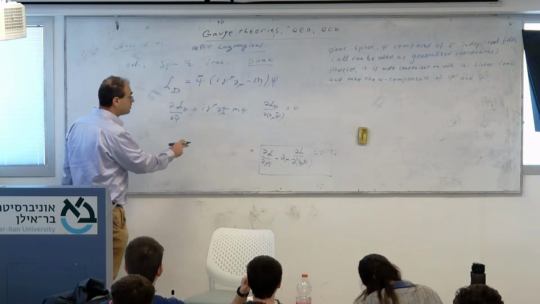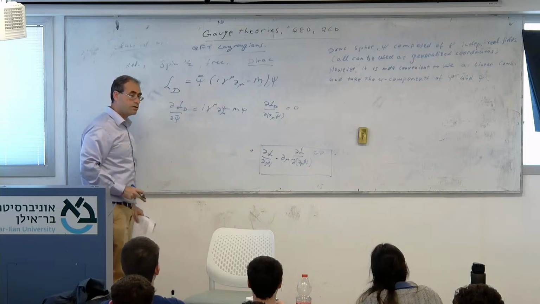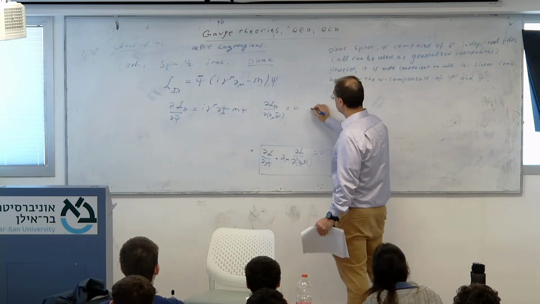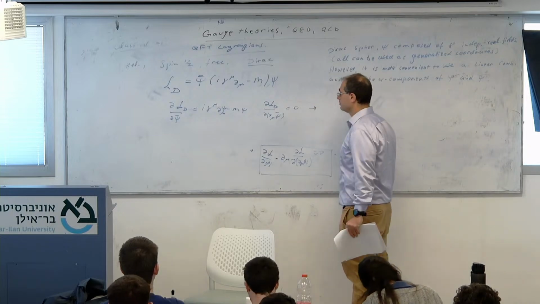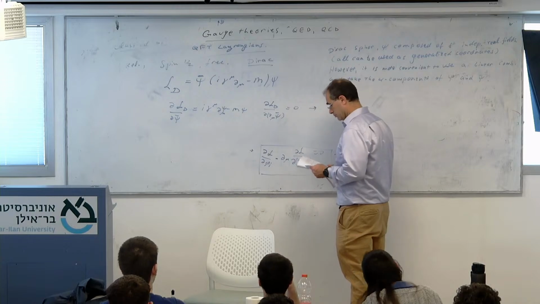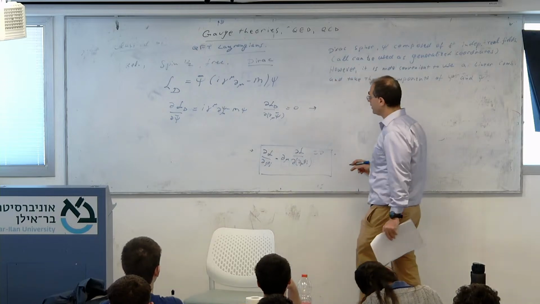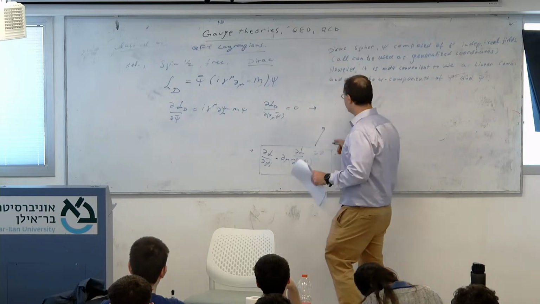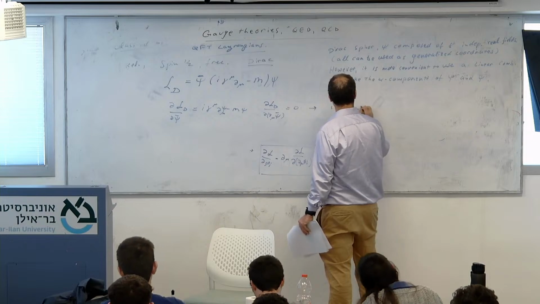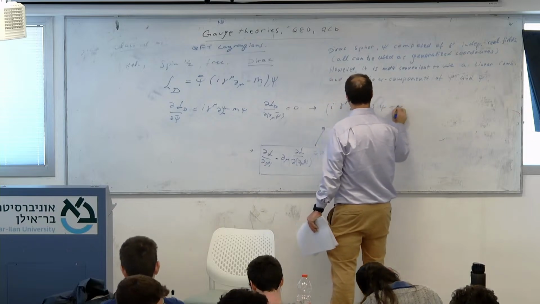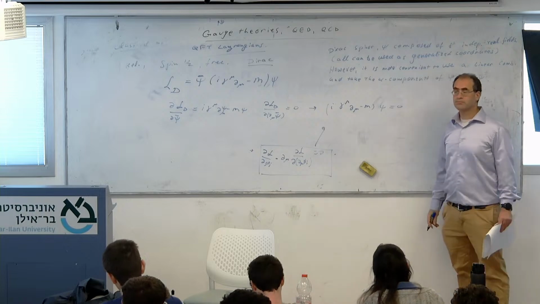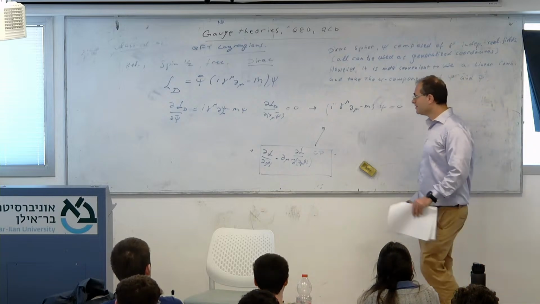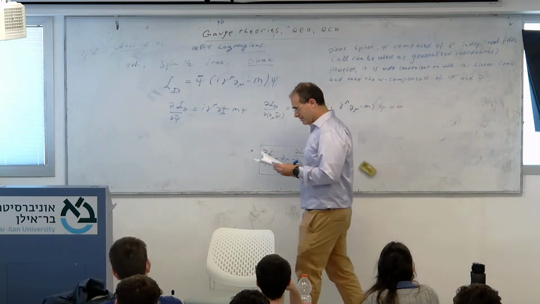And when we plug that into the Euler-Lagrange equation, exactly, we get the Dirac equation: i gamma mu d mu minus m psi is equal to 0. That means that it's cool, right?